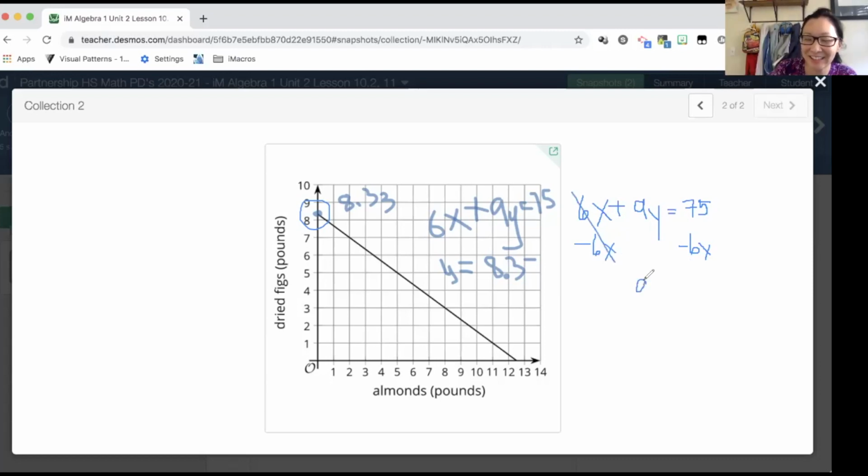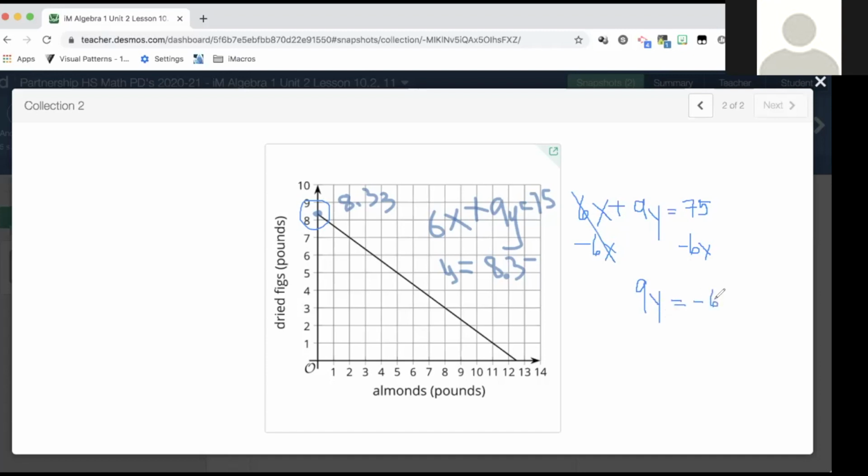Okay. And then we still have 9y left. And then that's going to be equal to negative 6x plus 75. Sorry, I need to upgrade my tech. And then we divided both sides by 9. Okay.